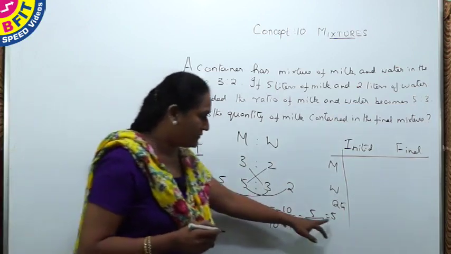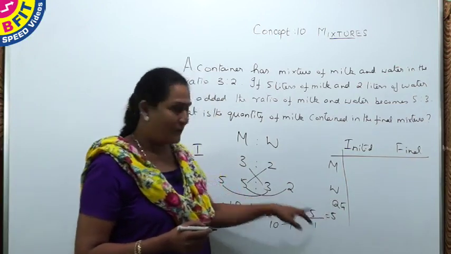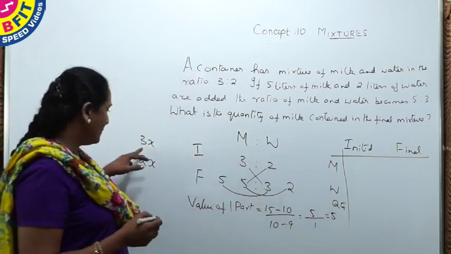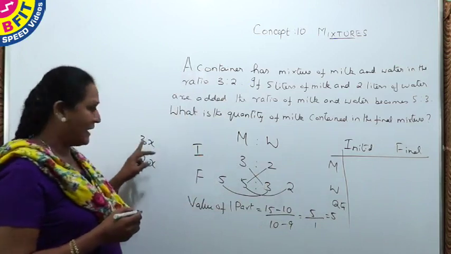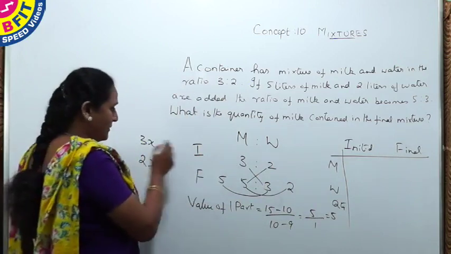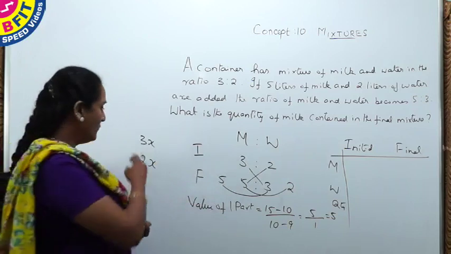After getting this value of one part, this has to be multiplied only with the first row, with 3x and 2x. The value of one part multiplied with 3 gives you the initial values of milk and water.